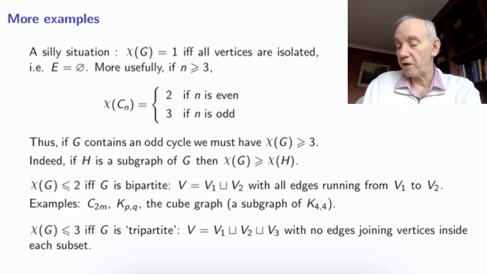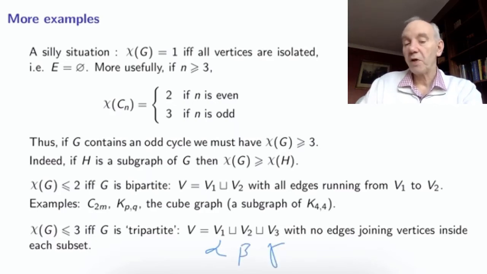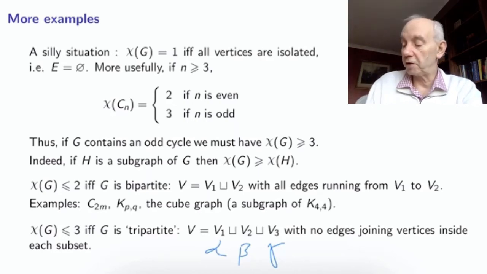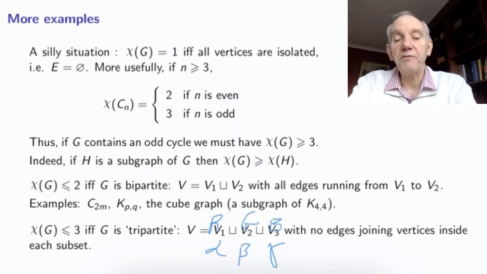You can give all the vertices in the first subset the colour alpha, all the vertices in the second subset the colour beta, and all the vertices in the third subset the colour gamma, or if you want, you can use red, green, and blue. And then the definition of tripartite means that no edge goes between red and green, or green and blue, or red and blue. There are no edges within each subset.